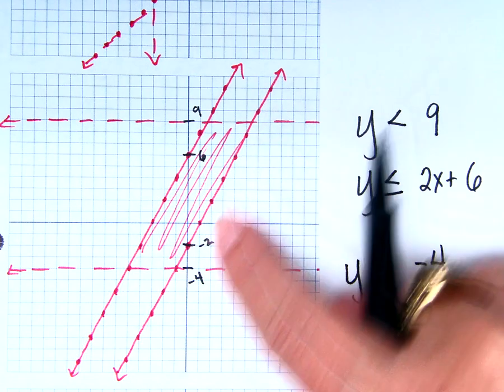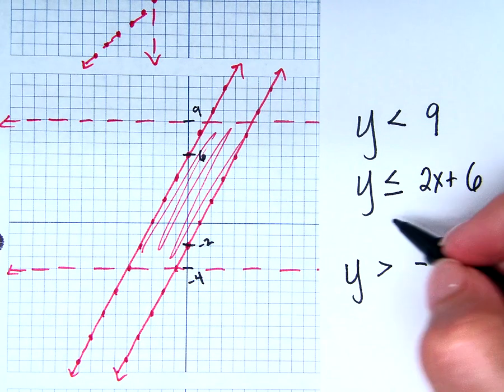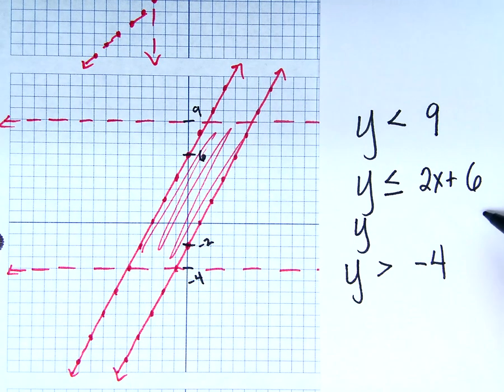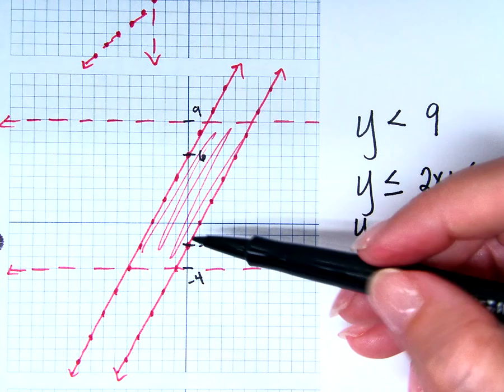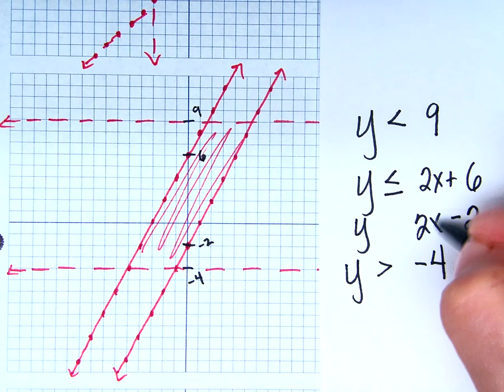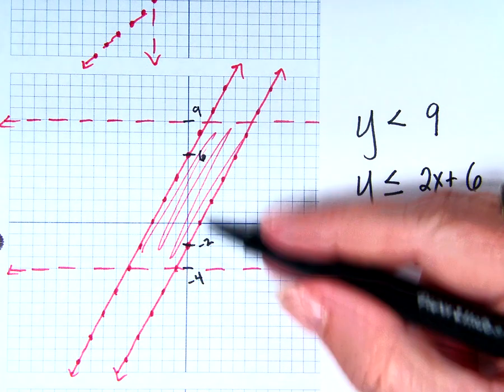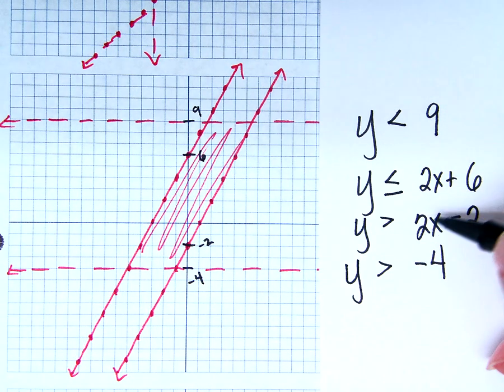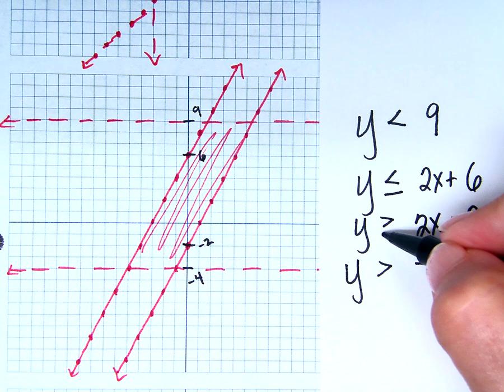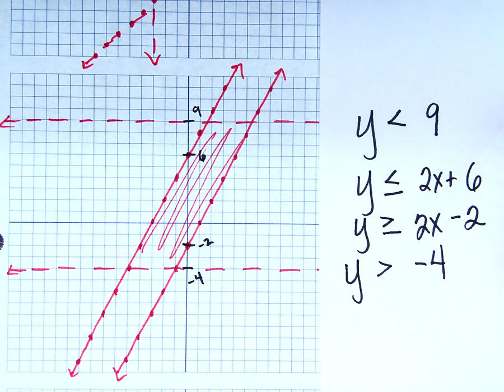And then what about this bottom one right here, the bottom diagonal? Y-intercept is -2. What's my slope on that line? Also 2, so 2x. And am I shading above or below? Above, greater than, or equal to because it is solid.